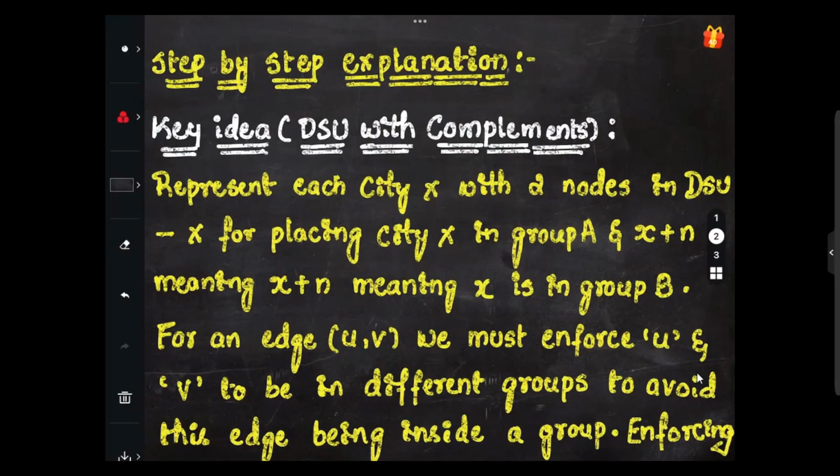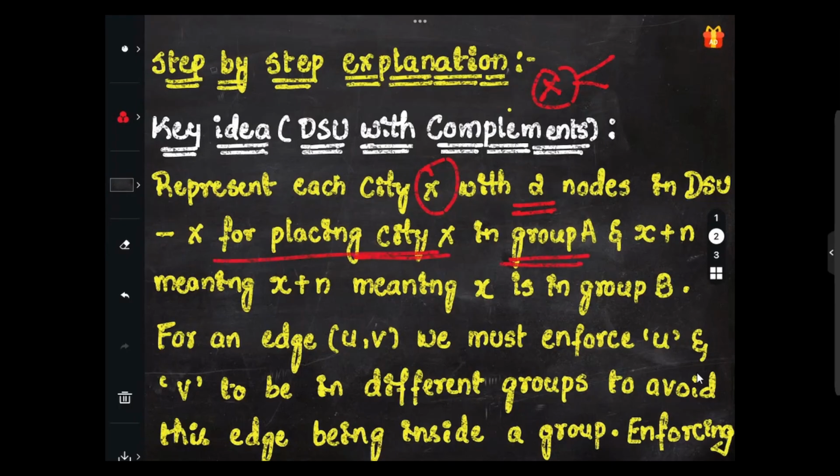First, we'll represent each city X with two nodes in the DSU, right?